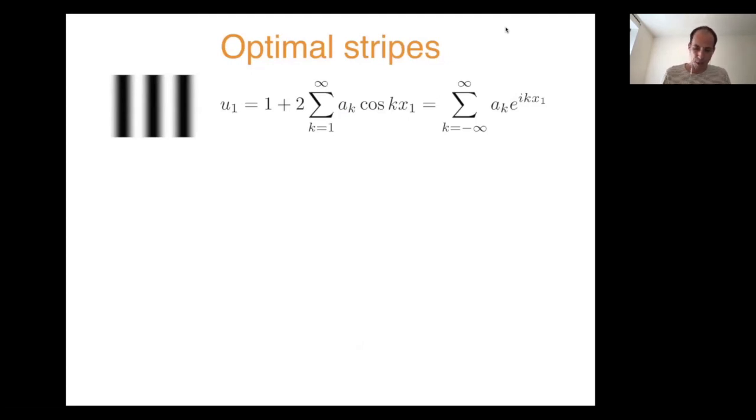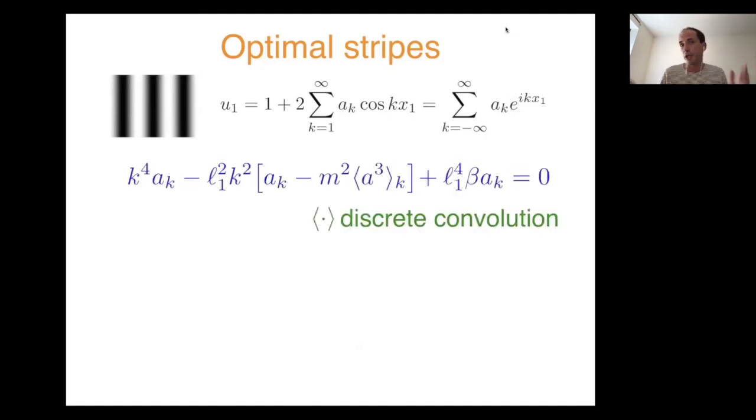Then we plug that into the partial differential equation, and we get equations for the Fourier coefficients. And these are the equations. Here you'll recognize the Laplacian squared, which is k to the power 4 in Fourier. And the L1 had to do with the distance between the stripes.